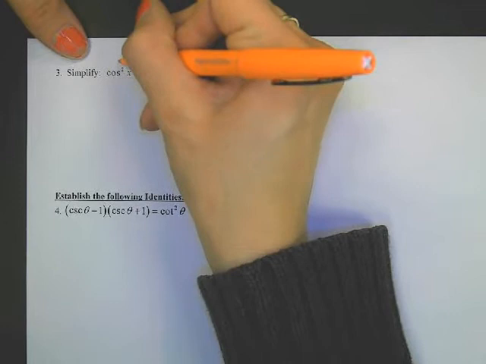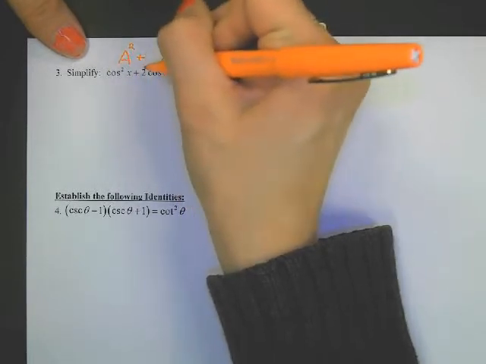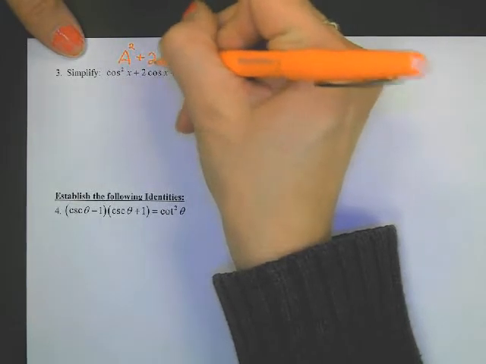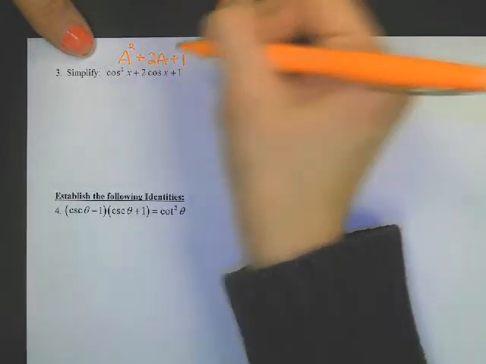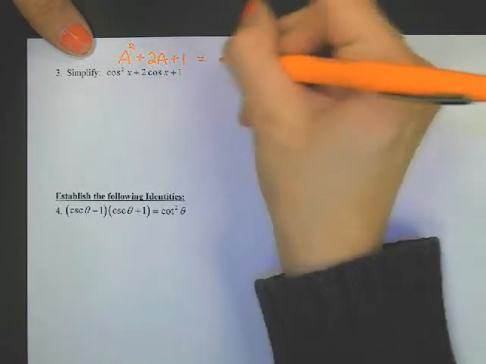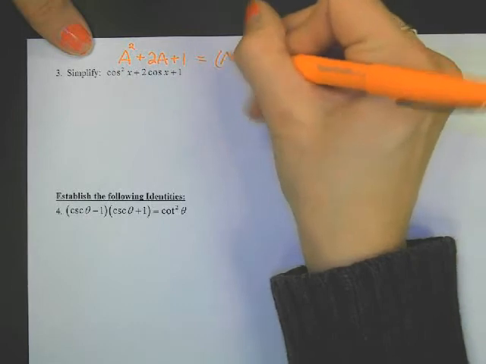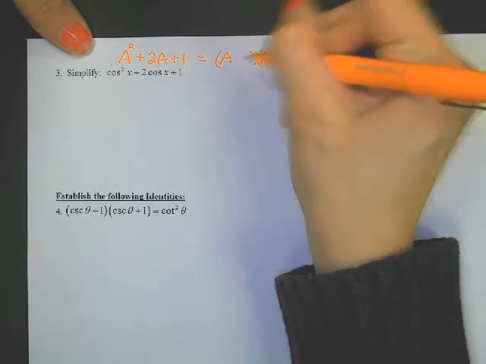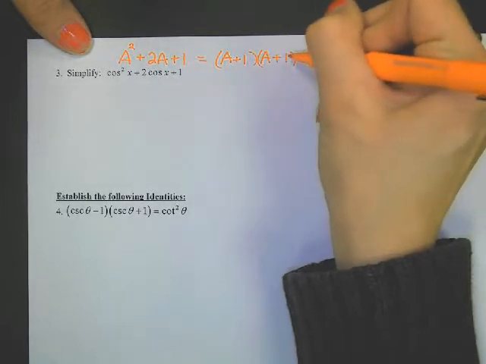I'm going to let cosine squared be a squared. And then it says plus 2 cosine, so that's plus 2a plus 1. If you saw a quadratic like that, would you be able to factor it? I sure hope so. A and a plus 1 plus 1.